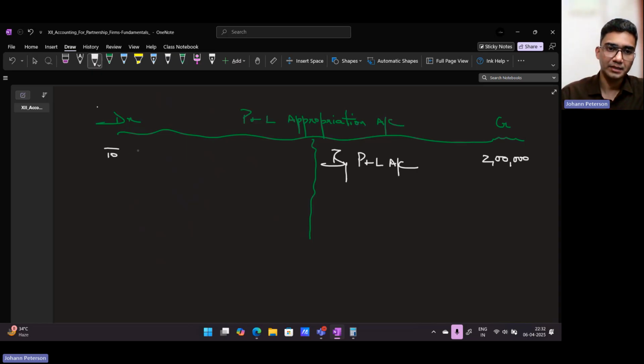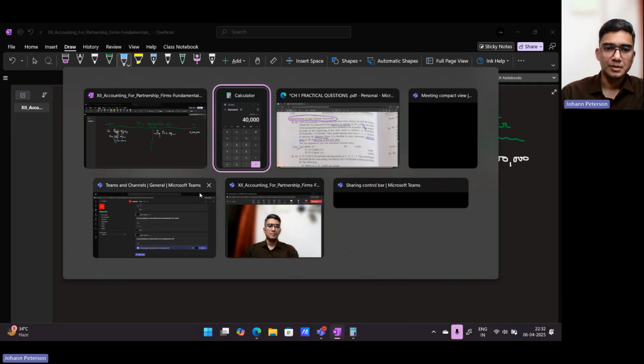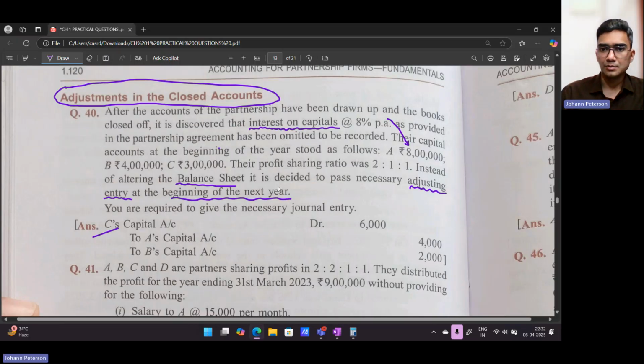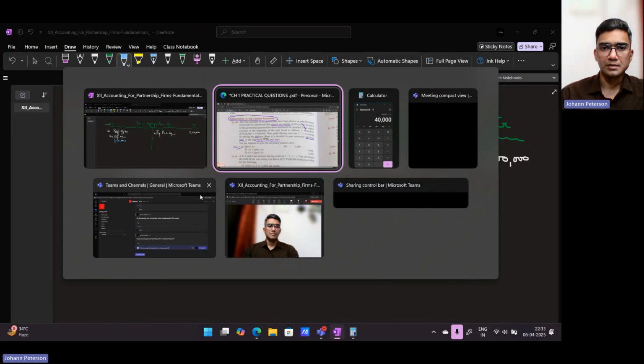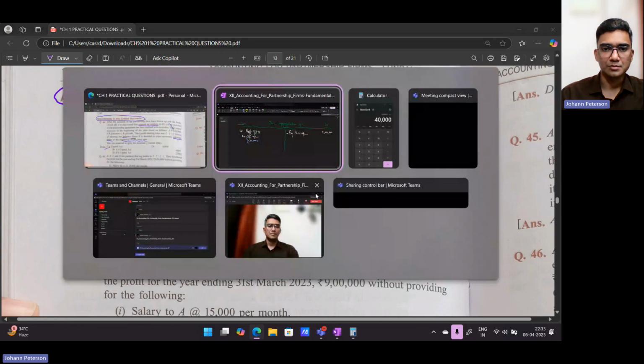So we had directly written profit transferred to A's capital account, and that amount was 2 lakh into, sorry, the profit sharing was 2:1:1.